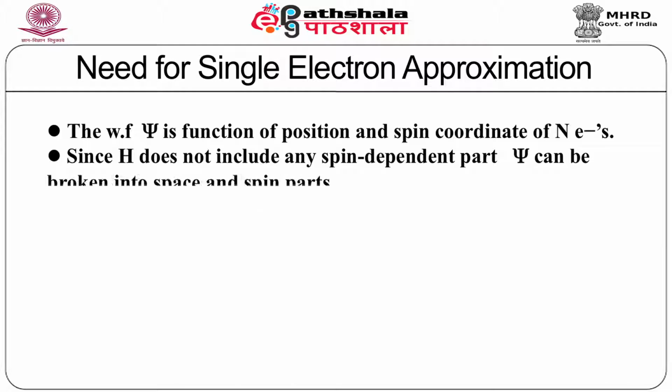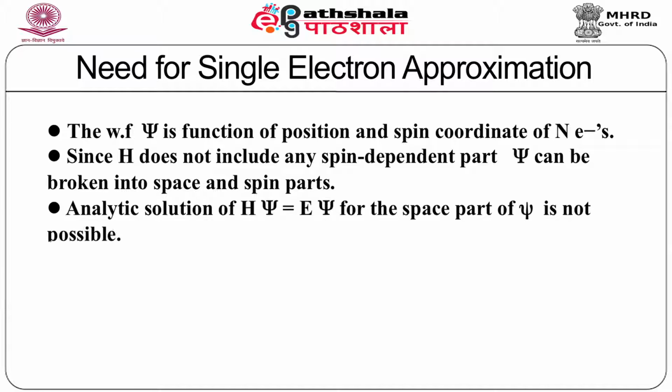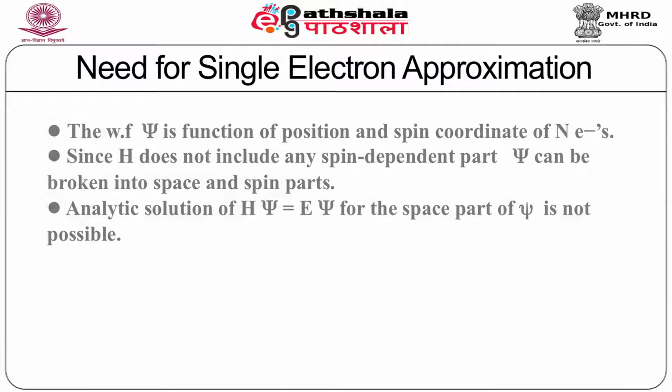Since the Hamiltonian does not include any spin-dependent part, the wave function psi can be broken into space and spin parts. Analytical solution of the Schrödinger equation H psi equal to E psi for the space part of the wave function psi is not possible because it depends on too many variables.